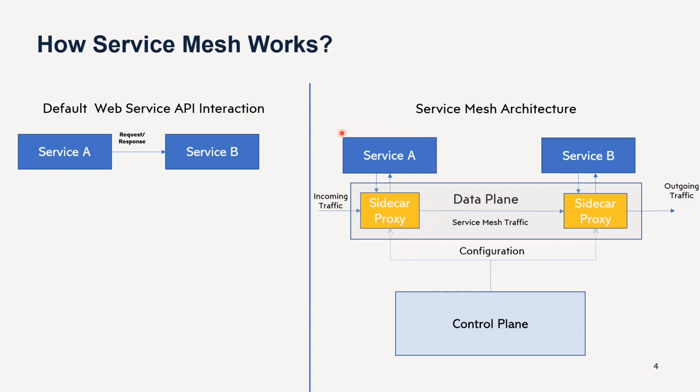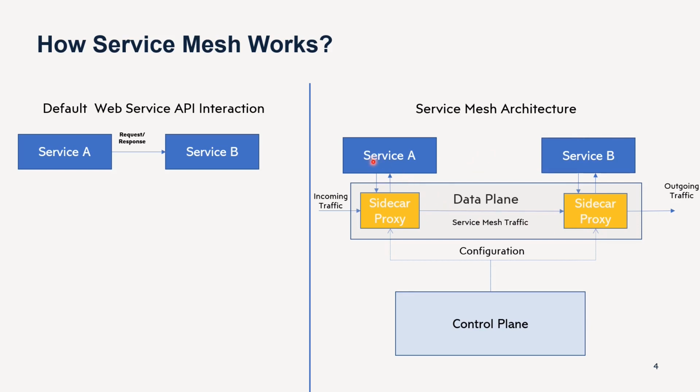So you will see that for every service, there will be a sidecar proxy attached. Suppose service A wants to communicate with service B. Service A will not directly call the endpoint of service B. It will call service B via the sidecar proxy.